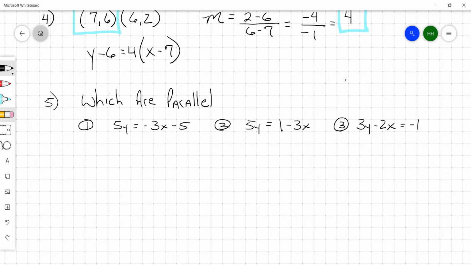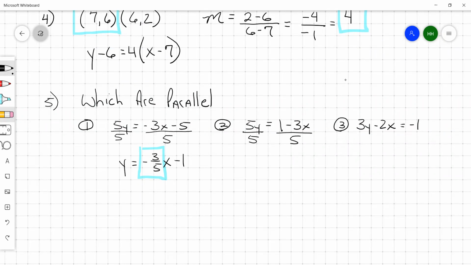So in this first equation, you can just divide everything by 5. And you get y equals -3/5 x minus 1. Here's your slope. In this second equation, you can divide everything by 5 again.